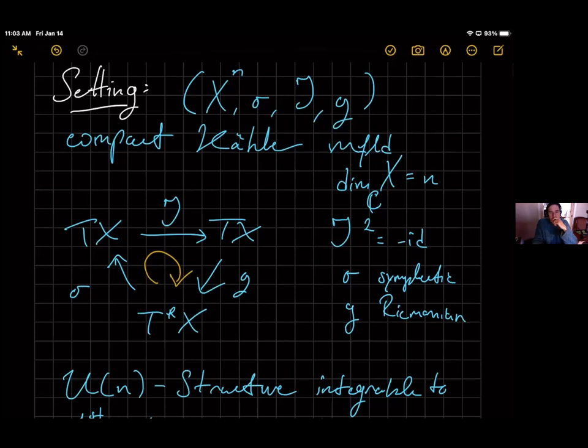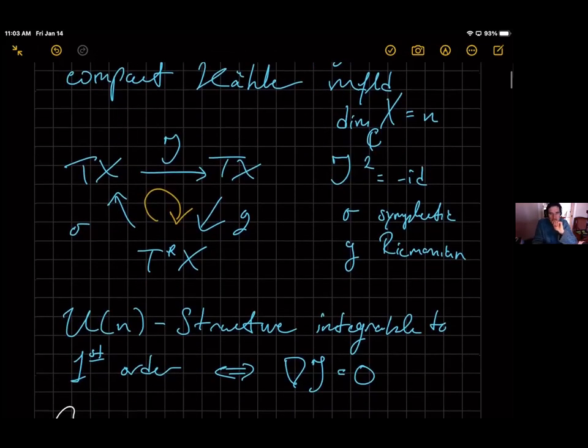And I have a non-degenerate two-form sigma, and I have a Riemannian metric g. The endomorphism J gives you a map from tangent bundle to tangent bundle, and g will give you a map from tangent bundle to cotangent bundle via duality. Same thing with a non-degenerate two-form, and the commutation of this diagram with the yellow arrow tells you that these all agree with each other.